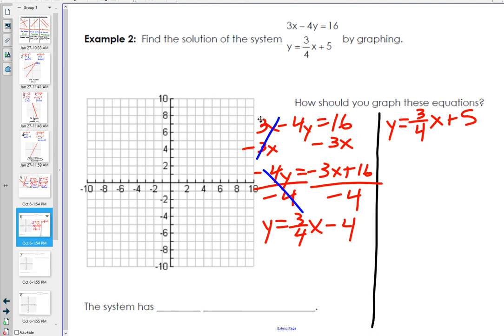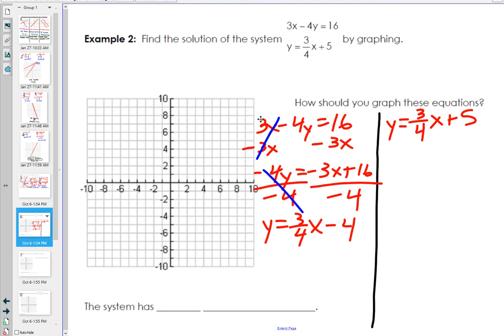Okay, so what are the two slopes? 3/4 is a slope. Okay. And then the other one is -4 is the y-intercept, and then 0.75. You're just saying way too many words. What did we learn about no solution, about parallel lines?